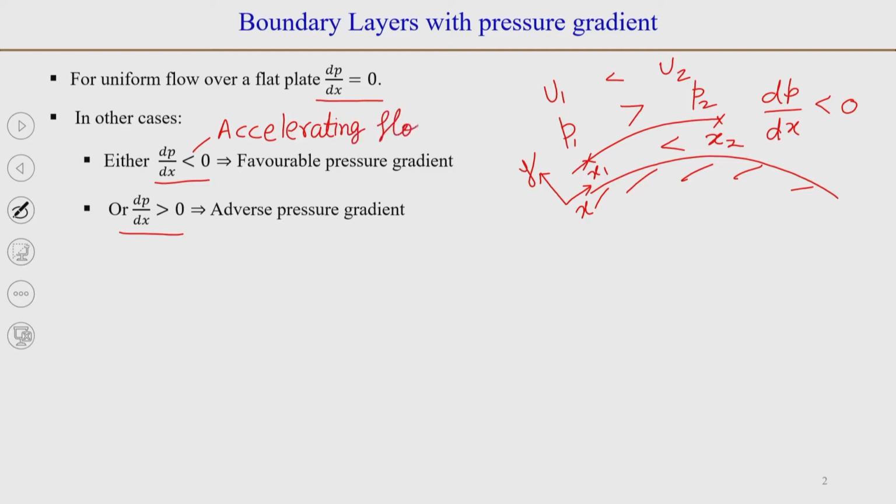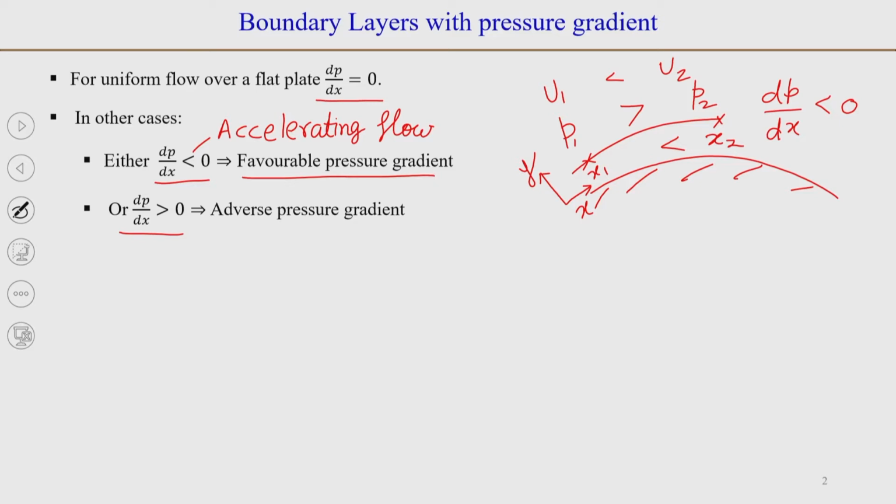Now, in the boundary layer, the fluid experiences viscous drag, which tries to retard the flow, and if the pressure gradient is less than 0, it helps the fluid to overcome this viscous drag. That is why it is called the favorable pressure gradient; it favors the flow.